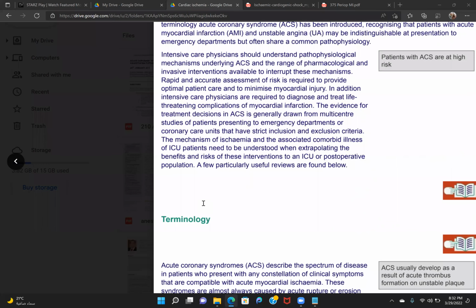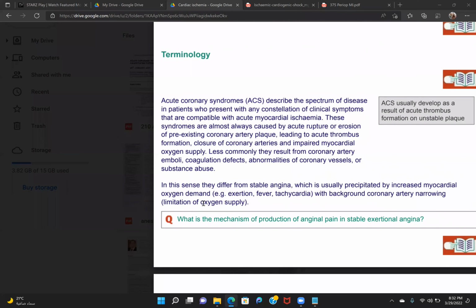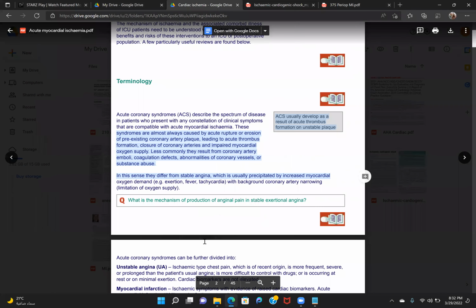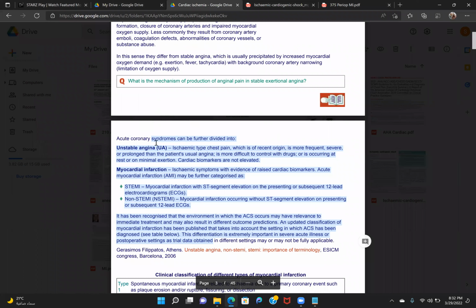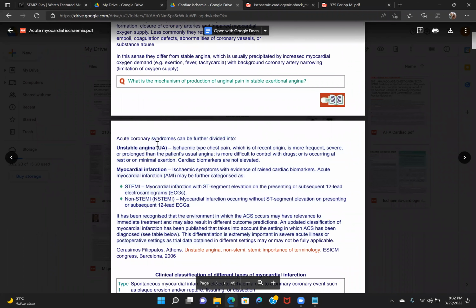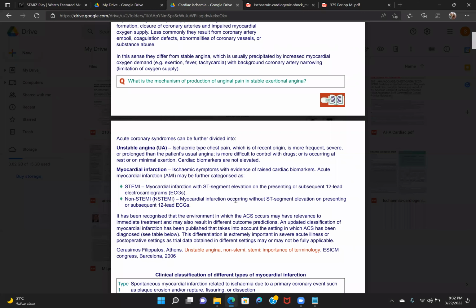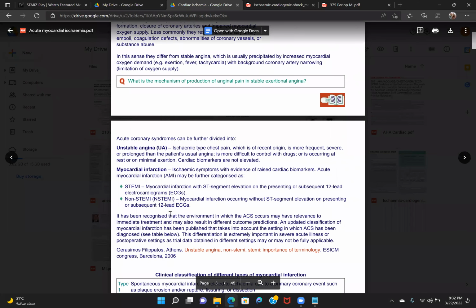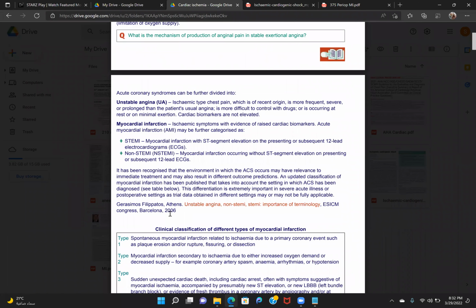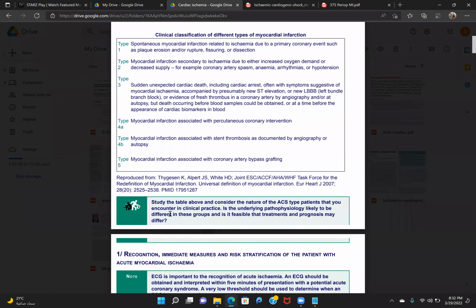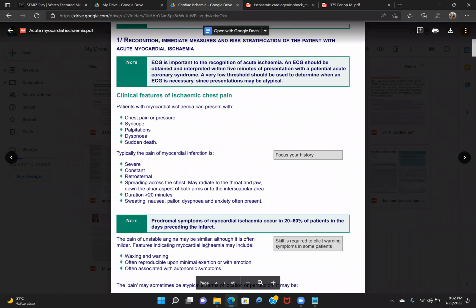Actually, acute coronary syndrome is a big topic. What are the different types of angina? Ischemic, like stable, unstable, you know about it. STEMI and non-STEMI, these are the terminologies which you should be knowing. We have discussed it, I will just roll through.